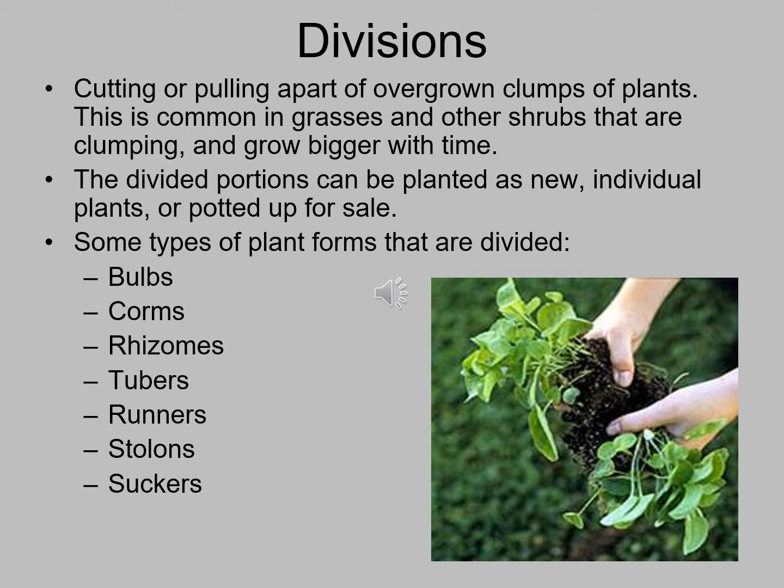Think about strawberry plants with runners, these horizontal stems that go out on the ground on the surface of the soil and root. You can divide up those. Stolons, which are similar to runners, and even suckers. So all of these types of plant forms and organs lend themselves to using divisions for asexual propagation.